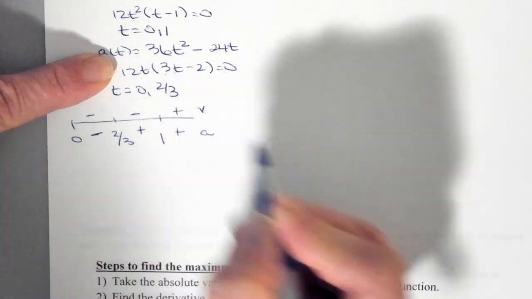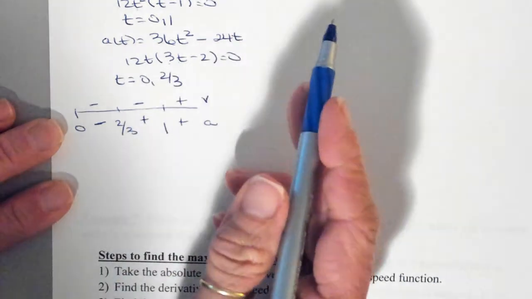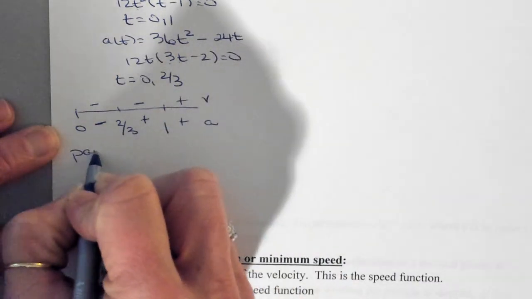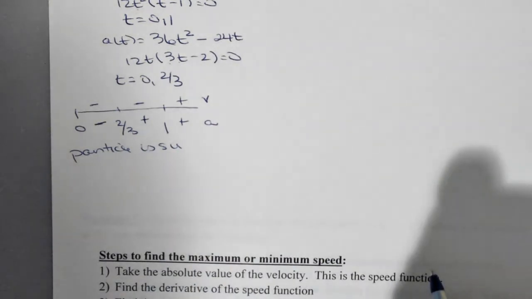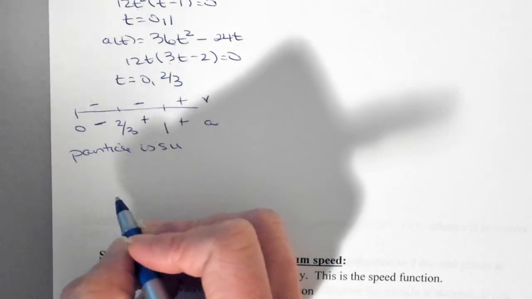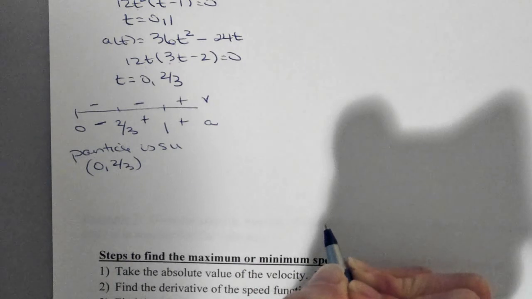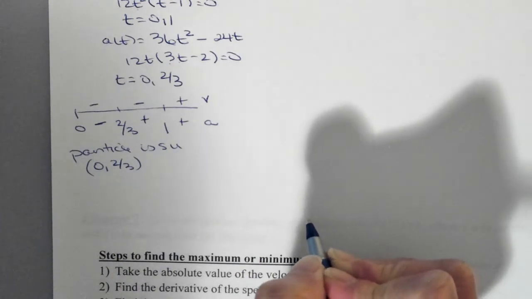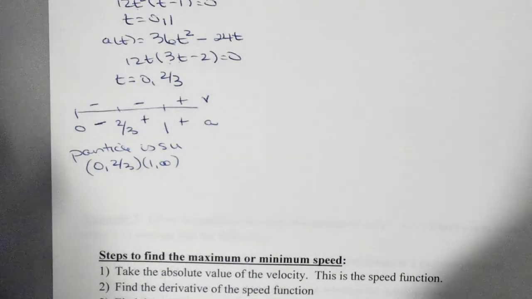Okay, and then if you pick 2, what happens? Positive. Okay, so in this case, we want to know where the particle is speeding up. So the particle is speeding up where? 0 to 2/3. Anywhere else? Yeah, and 1 to infinity because we don't have an end time at this point.